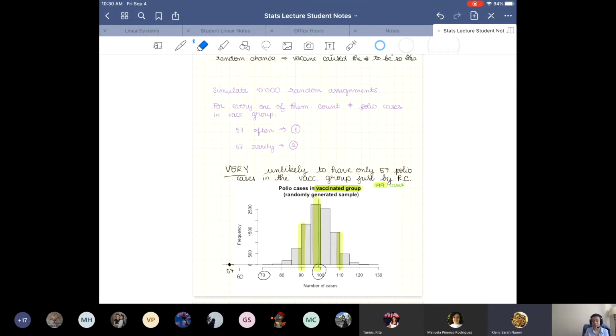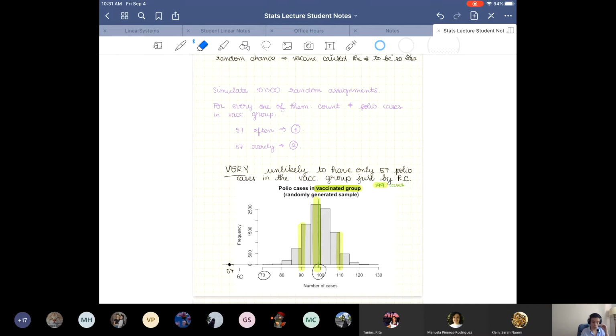Right. So the idea is we are trying to prove something, so let's assume the opposite and prove that wrong, right? What we're trying to show is that the vaccine works. But what we need to assume is that the vaccine does not work. And if the vaccine doesn't work, that means that my low number of 57 was just caused by random chance.